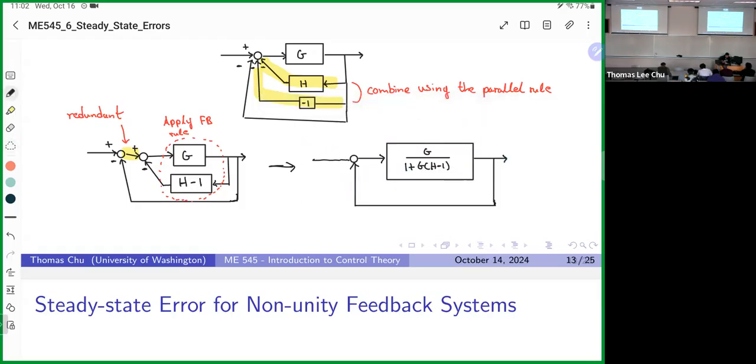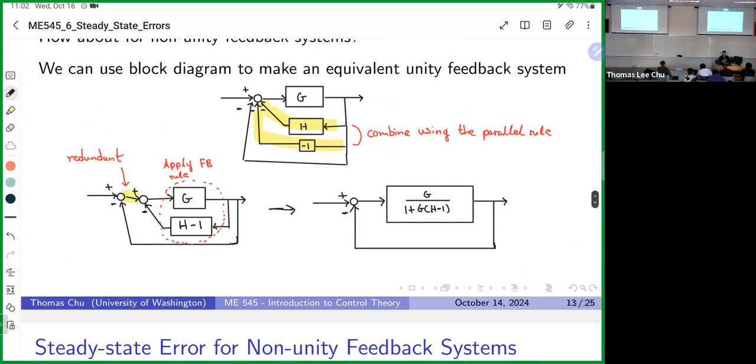So this is similar to your homework 1, where I told you to simplify your block diagram into equivalent G and equivalent H. This is one of those tricks where you can move the H back into the G block and have H equal to 1 as well.